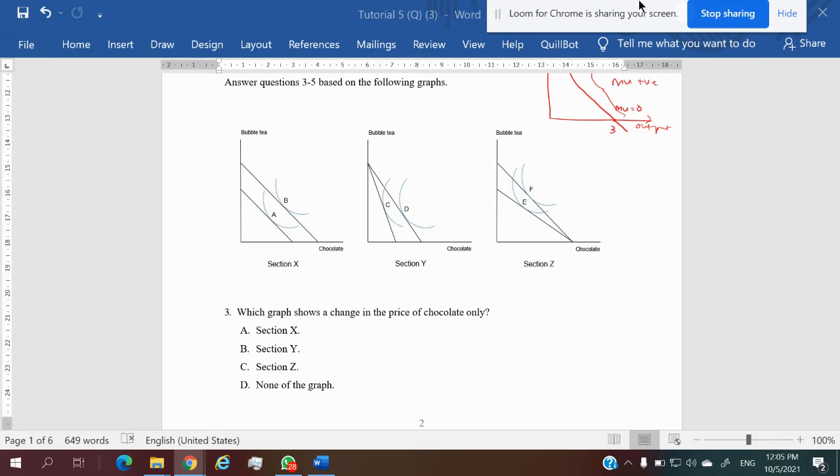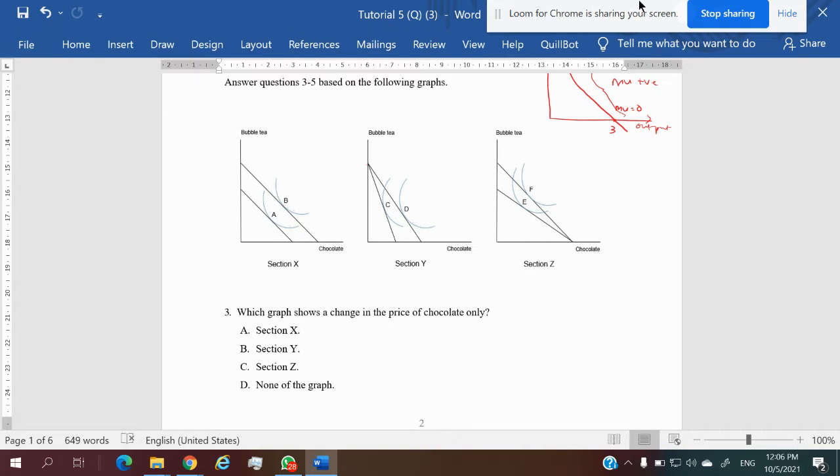Remember from the video that I've shared with you, you have learned that the straight line here is your budget line. This is the indifferent curve. When the budget line intersects with the indifferent curve, it shows the optimal point. So we have two optimal points here, point A and B.